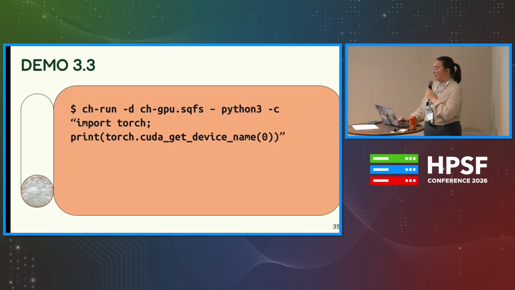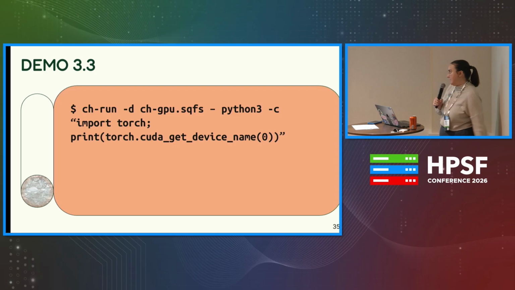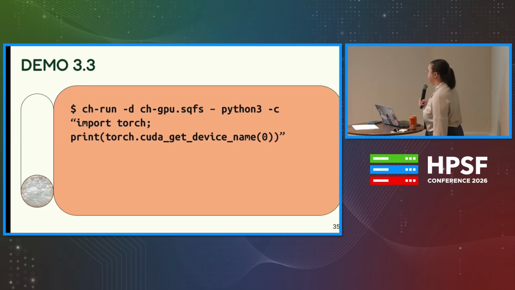I'm going to run this command, but since this text is bigger, I'll show it here first. In order to use CDI, all we have to do is include a -d flag in the ch-run command. What makes it easier is that it can be in a squashfs format. From an admin perspective, there are two extra steps to get that working.